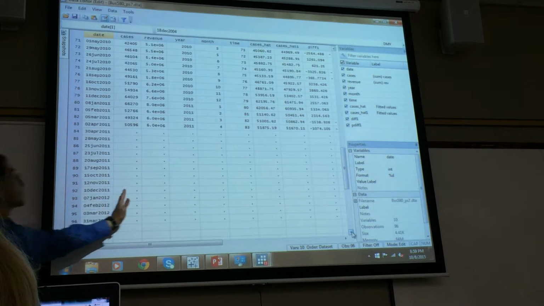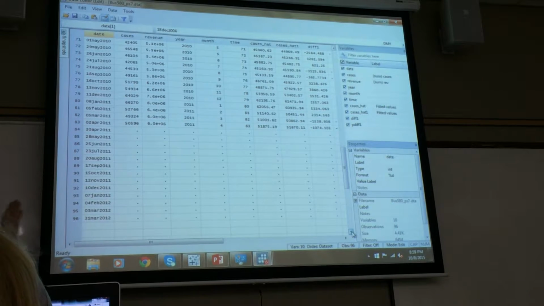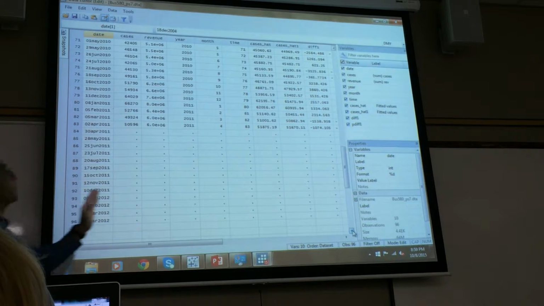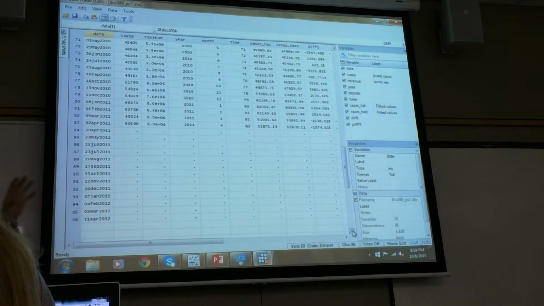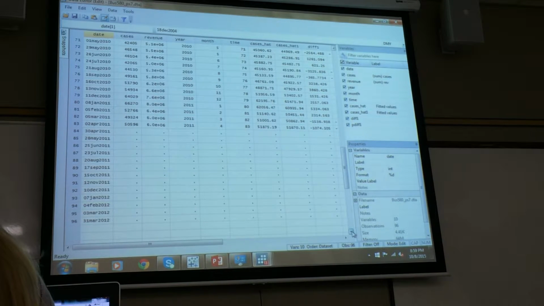Notice we don't have cases for those periods. Those periods haven't existed yet. We also don't have what? We don't have month, and we don't have time or year. So we need to add those because our regression uses them, right?